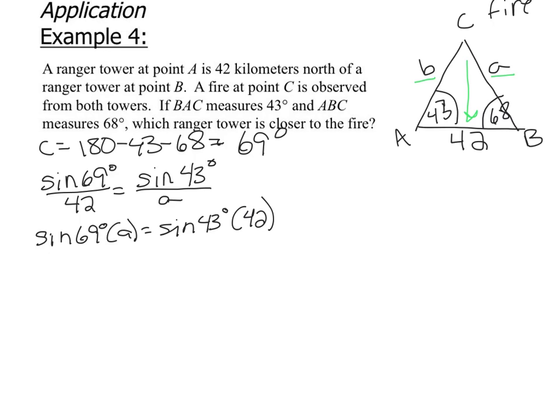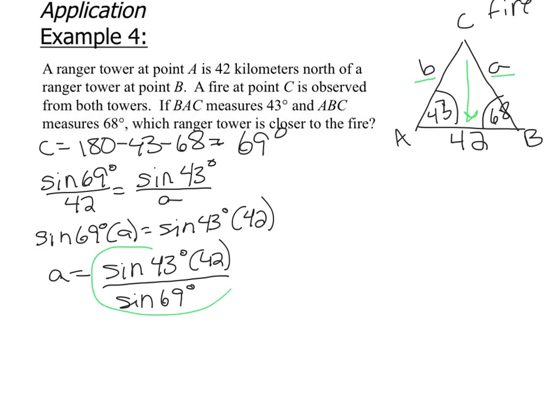I'm going to divide both sides by the sine of 69, and I'm going to have the sine of 43 degrees times 42 divided by the sine of 69 degrees is equal to A. All of this I put in my calculator. You should do it too to check me. And what I find out is A is equal to 30.7. Okay, so that's important, but that is not my final answer.